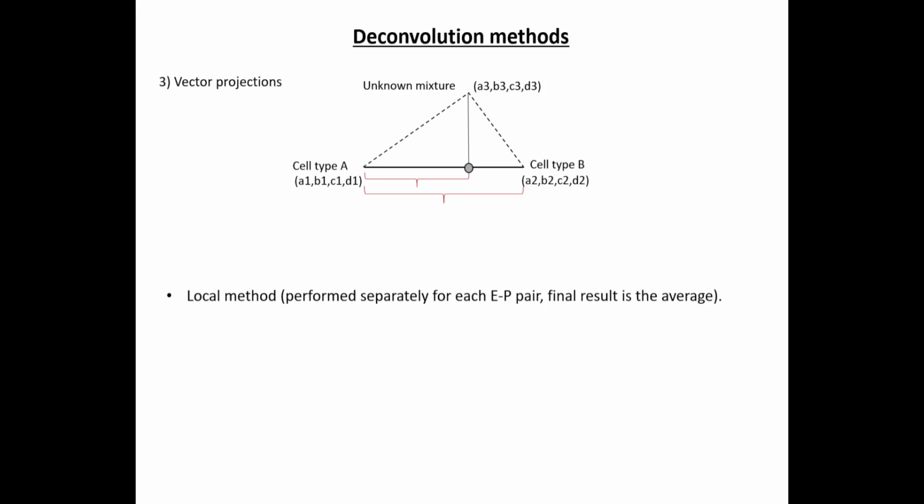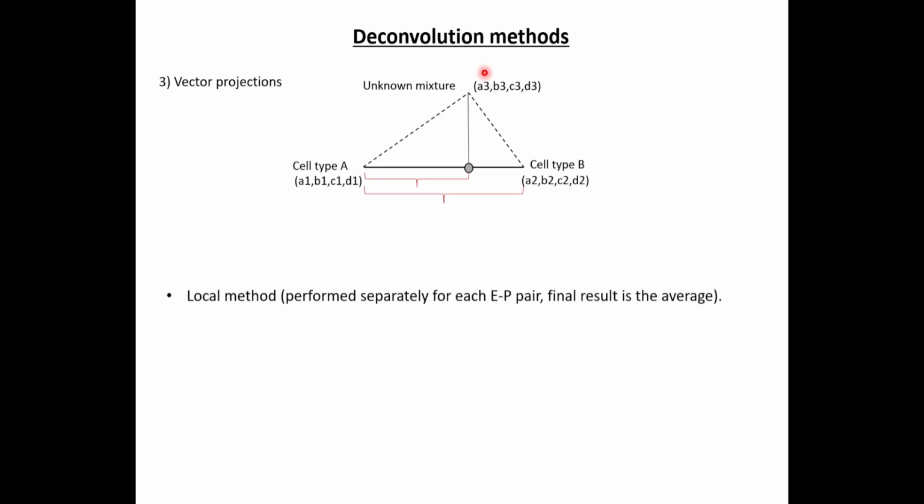The third method is a local method that was calculated separately for each enhancer promoter pair. Each pair can be defined by three four-dimensional vectors, one for each of the pure training sets and one for the mixed test set.